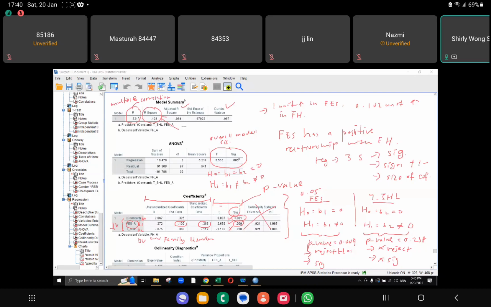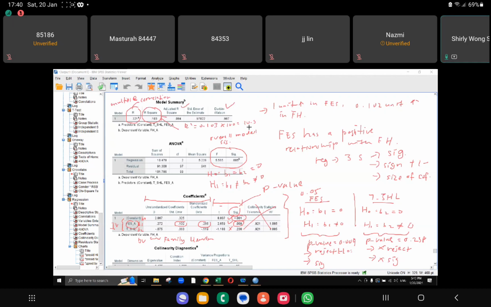So the R square is 0.103, right? So you got to multiply this with 100, then you get 10.3%. Very, very small. This is definitely a wrong model.